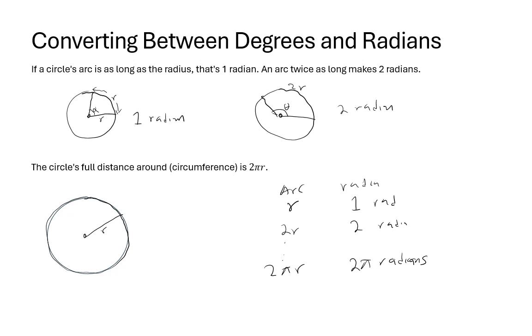Remember that in degrees the full revolution of the circle is 360. So that is 360 degrees, just the same as 2 pi radians. From here we can use a formula to convert radians to degrees.